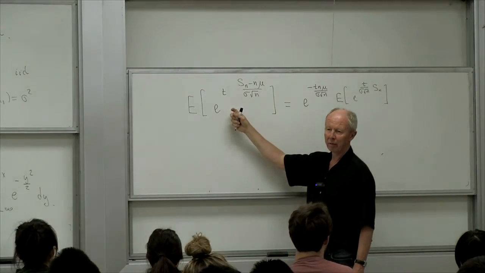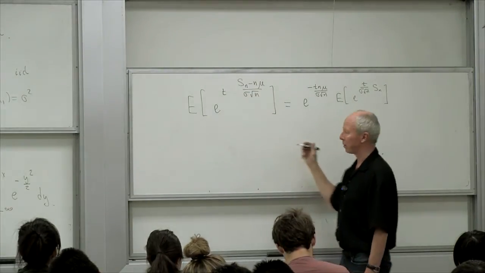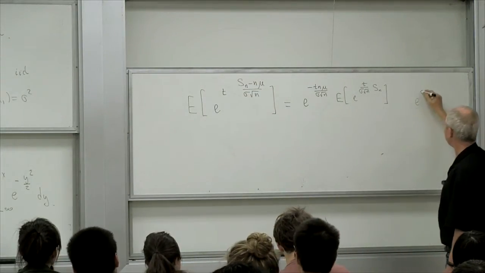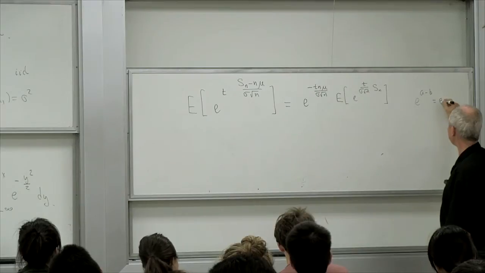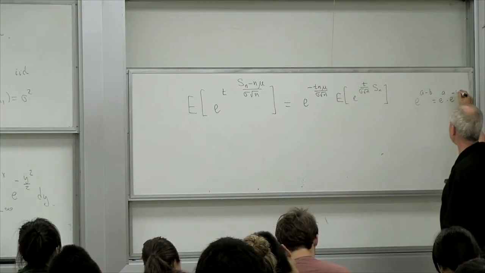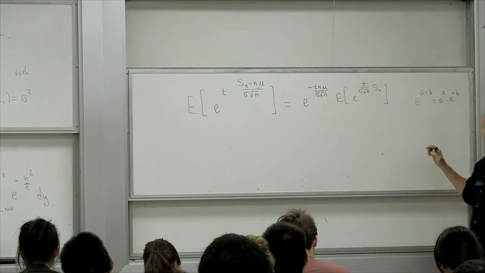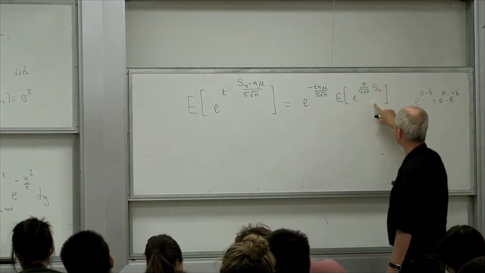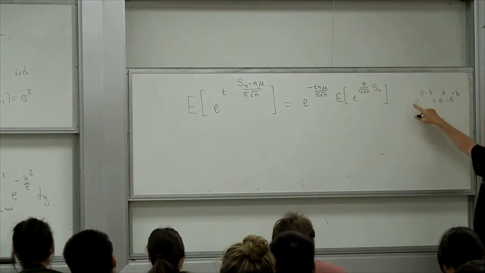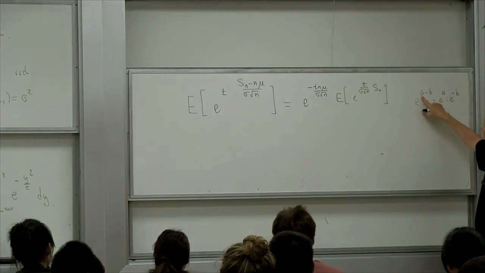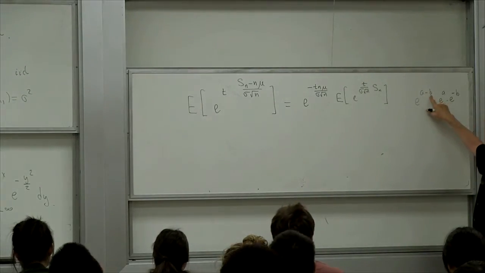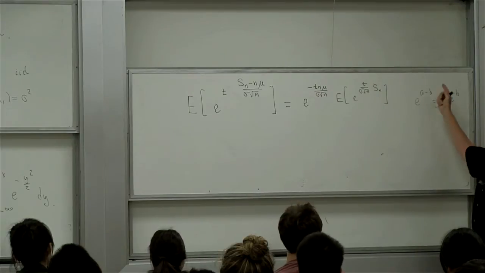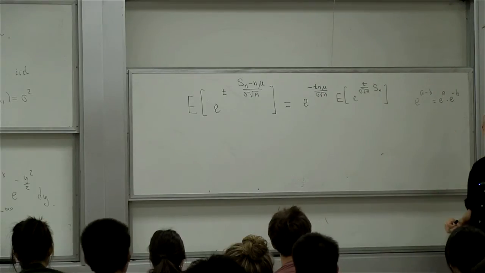And then that means I have e to a difference. And if I have e to the a minus b, that's e to the a times e to the minus b, correct? Where b is this part and this is the a. But now I'm taking expected values of this, and this one is random, but this one is not. So I can pull the non-random one out of the expectation.